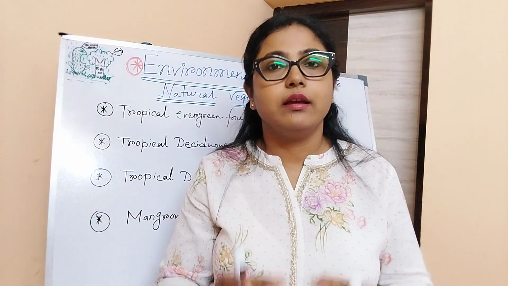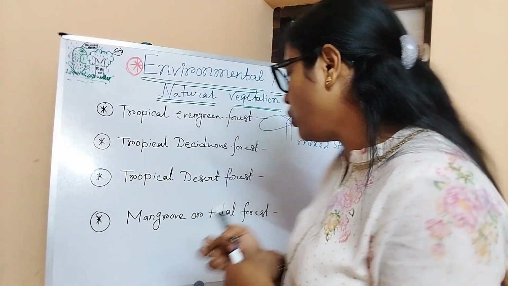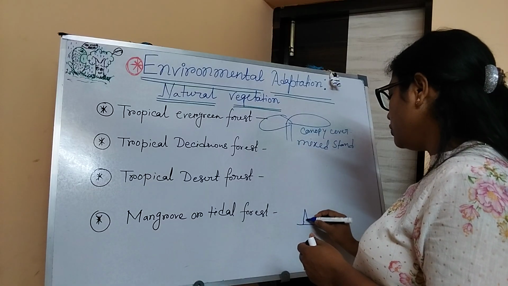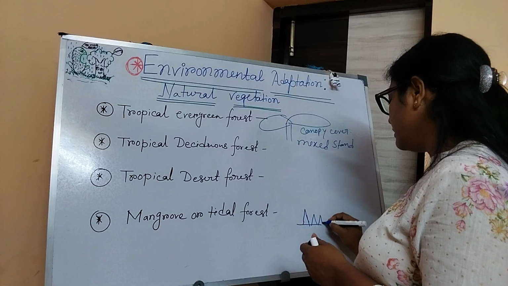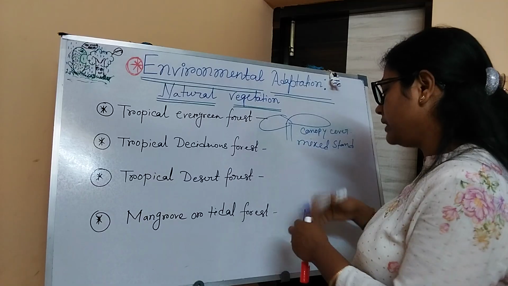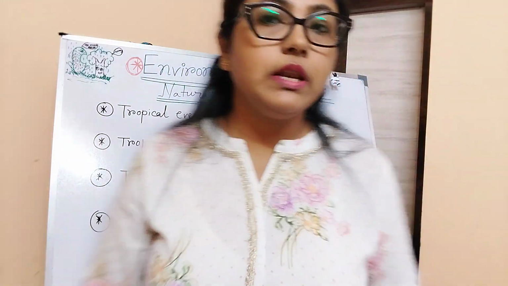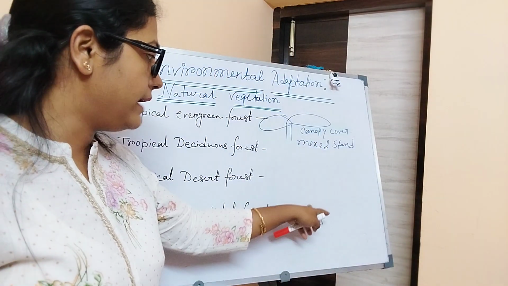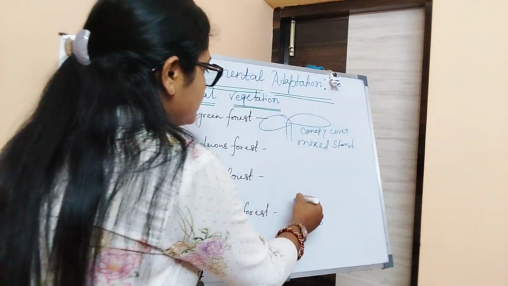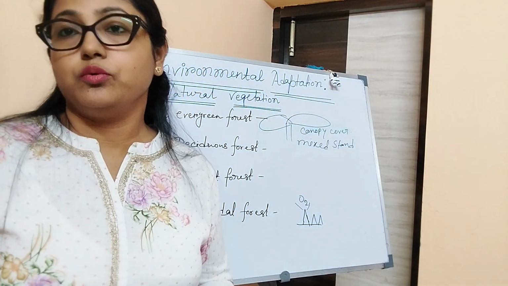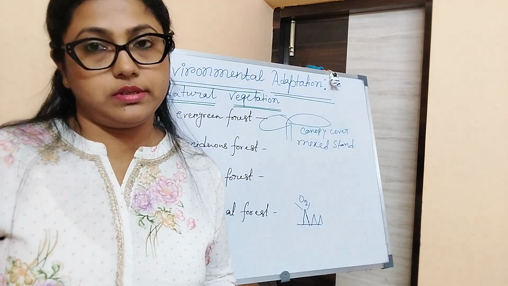So to get the air or oxygen, the roots grow outside the ground, above the ground, just opposite to the gravity. And these roots mainly absorb oxygen from the air directly. These types of roots are called pneumatophores.